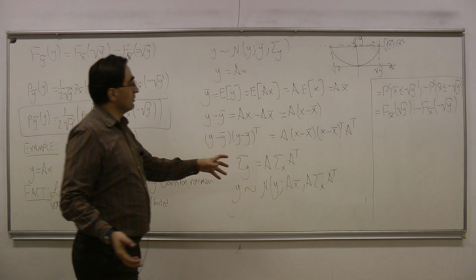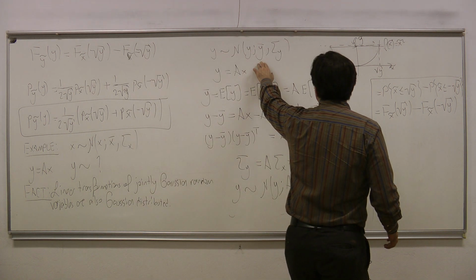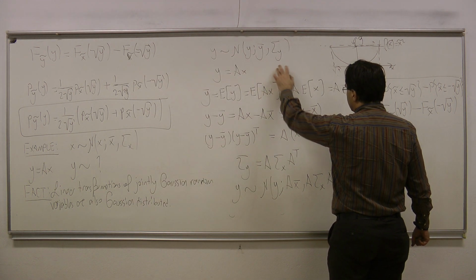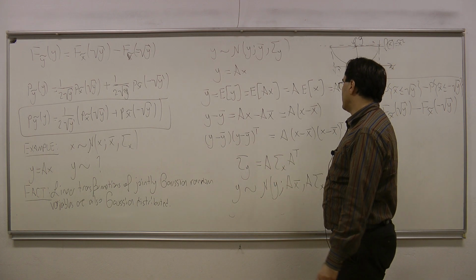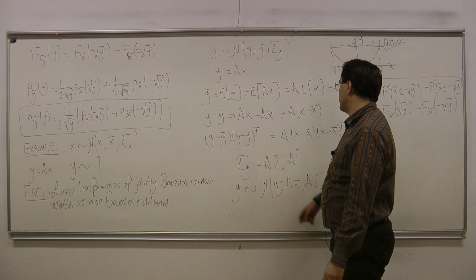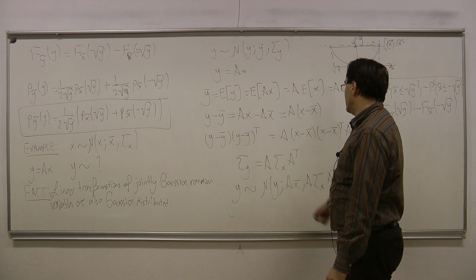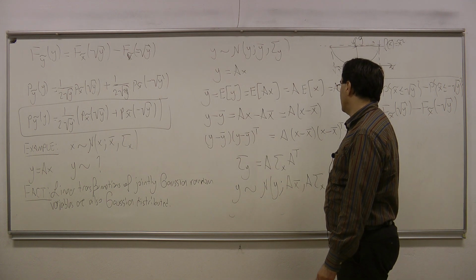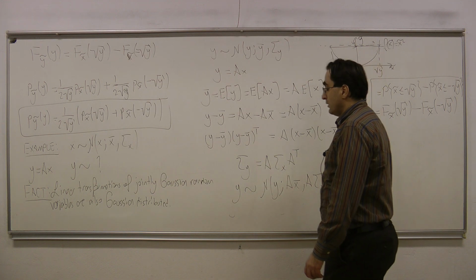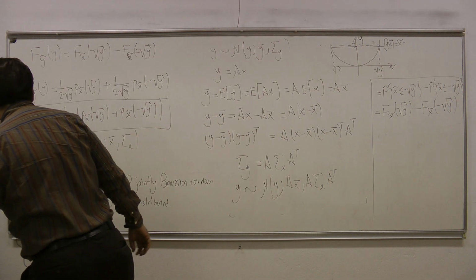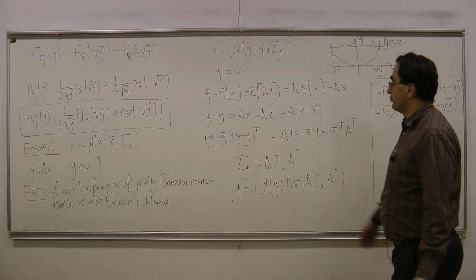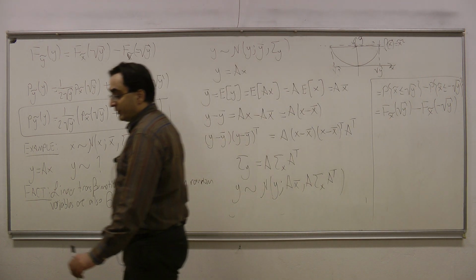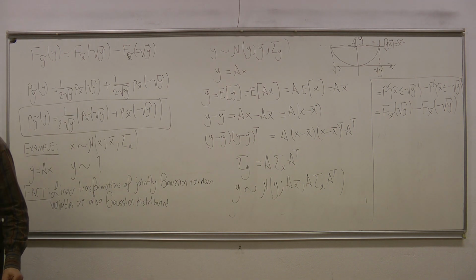Since a Gaussian is represented by only its mean and covariance, in order to find the density function of a linear function of a Gaussian random variable, you only have to calculate the mean and the covariance of the resulting variable. And that would give you the whole distribution of the random variable or the random vector.